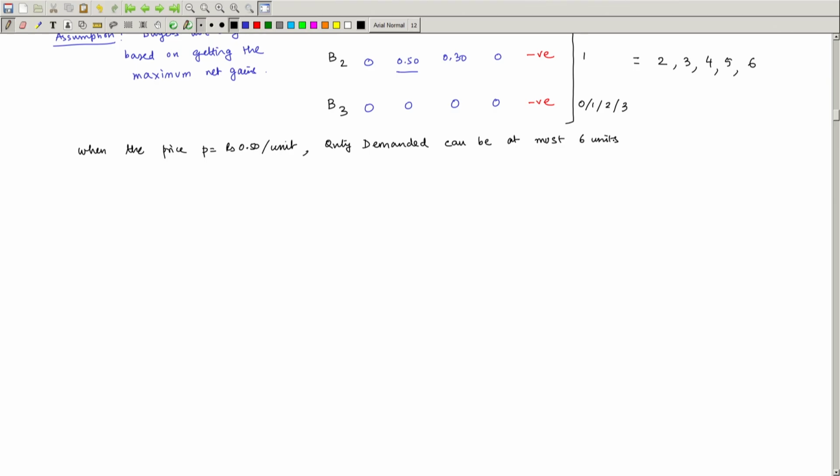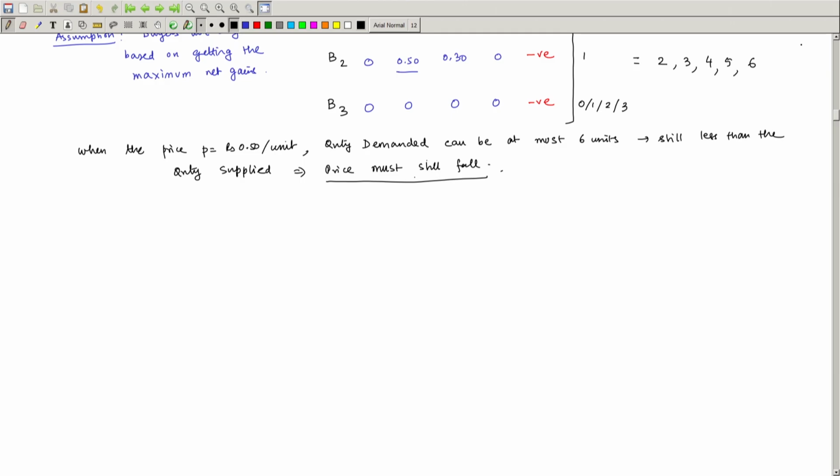So, there is still a mismatch. So, it is still less than the quantity supplied. So, it tells us that the price must still fall, right.